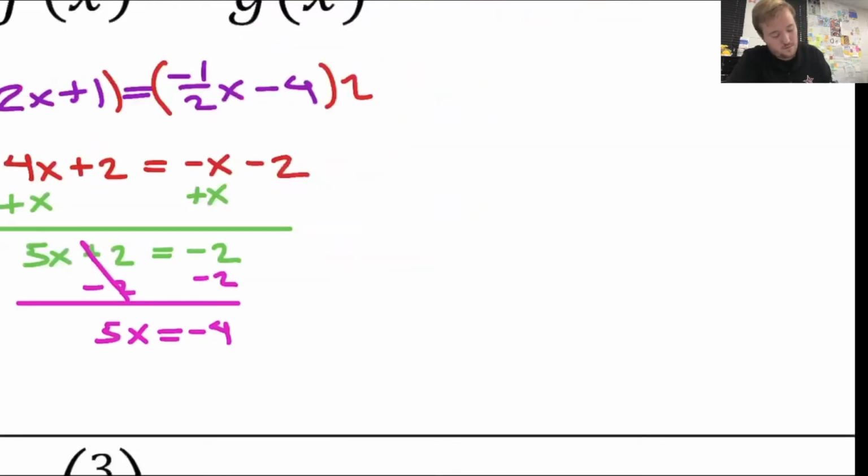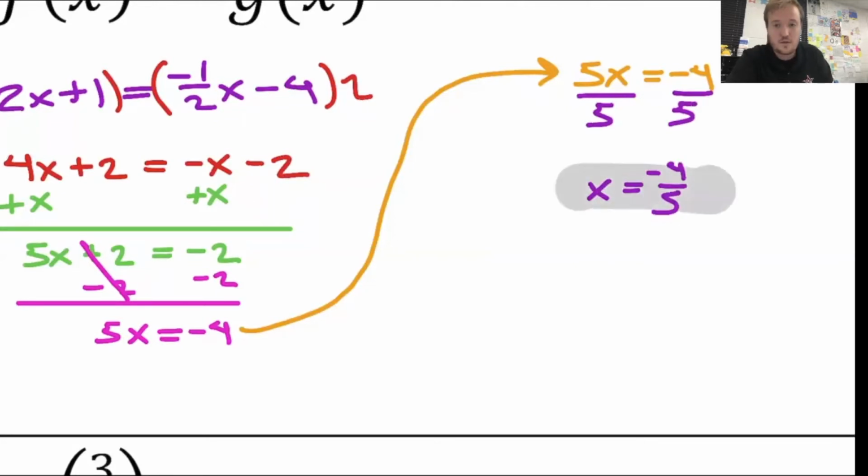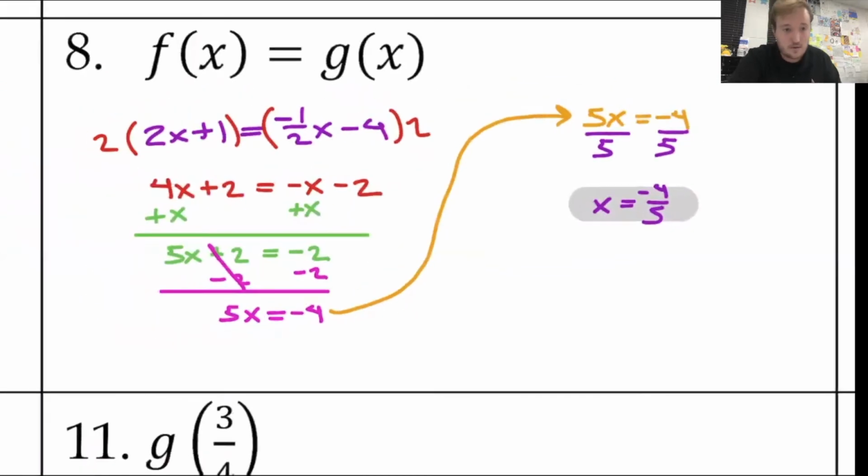Okay, so I'm going to bring this up here. So 5x equals negative 4. Now I'm going to divide both sides by 5. So x is equal to negative 4 fifths. Once again, just because you get a fraction as an answer, it doesn't mean it's wrong.